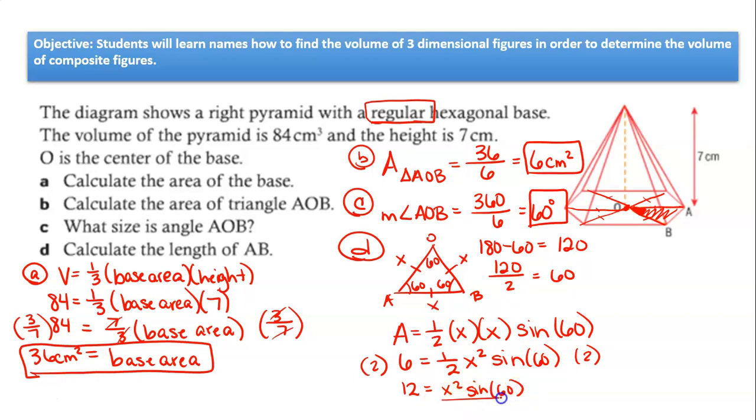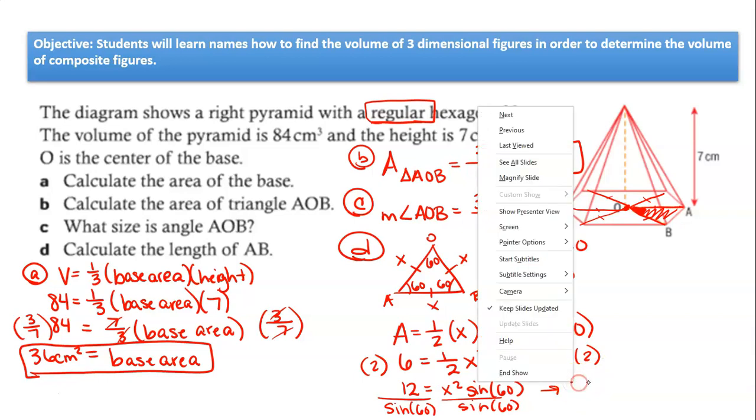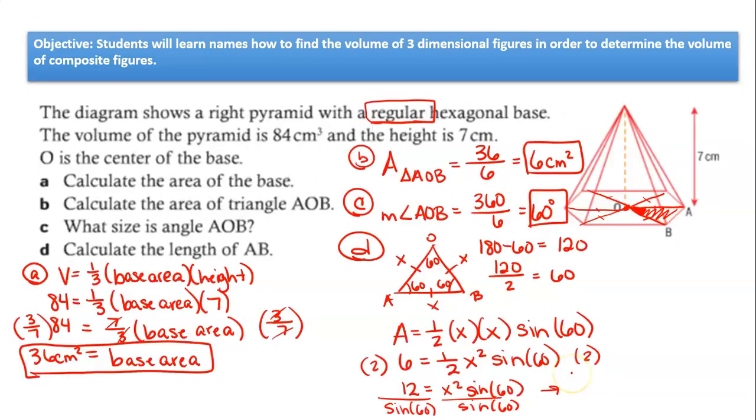From there, to get X squared by itself, divide both sides by sine of 60. 12 divided by sine of 60 gives me 13.8564. And then to get X by itself, I take the square root, and I get 3.72.